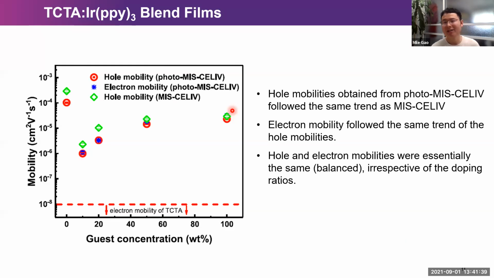Given the magnitude of the measurements, I believe the results of these two techniques are pretty similar. If you compare with other techniques, for example time of flight or SCLC, there might be several times difference. So from my point of view, these results are quite close. Yeah, excellent. Thank you.